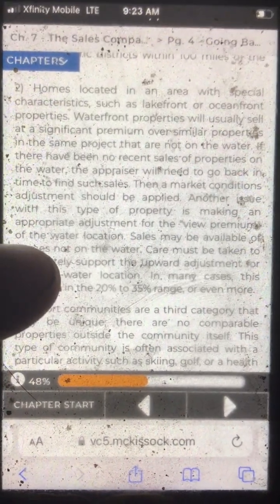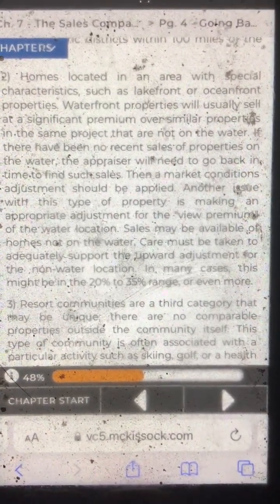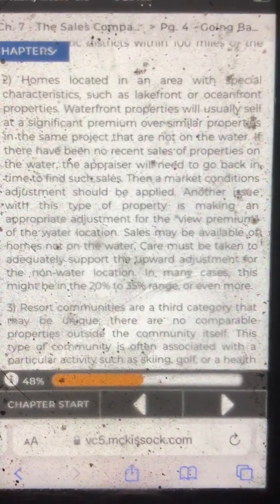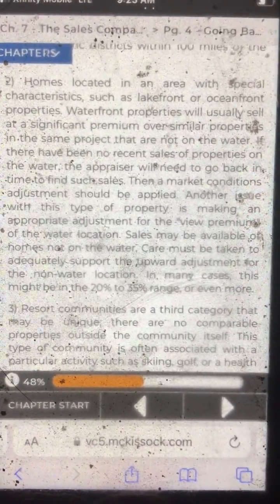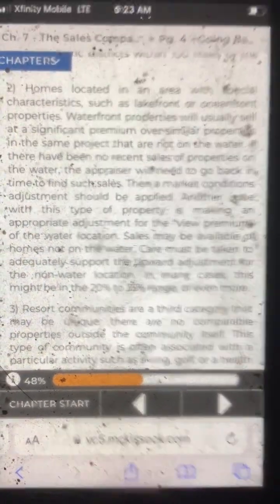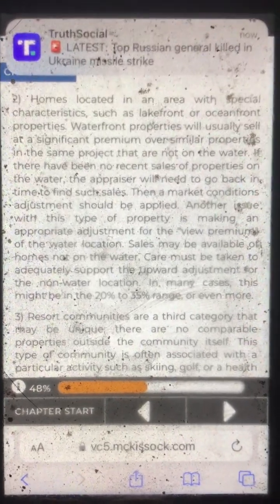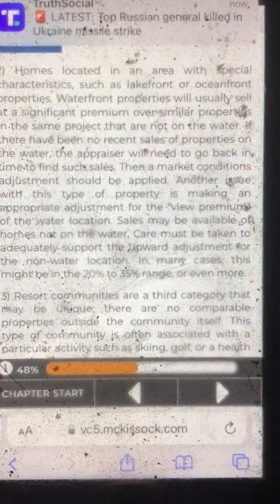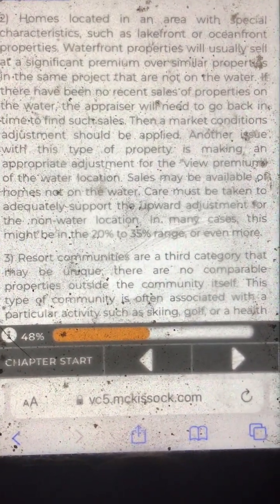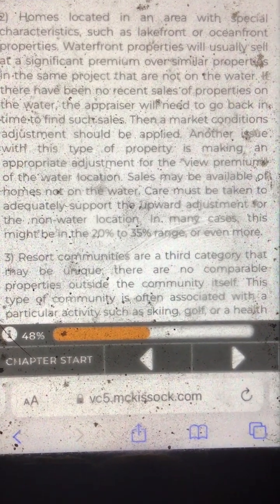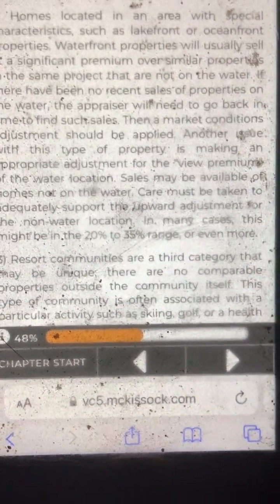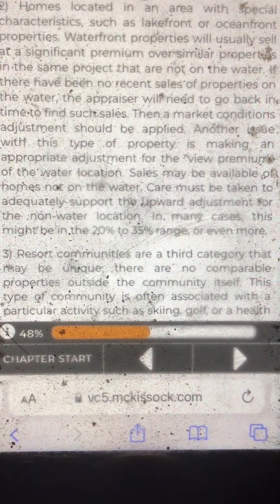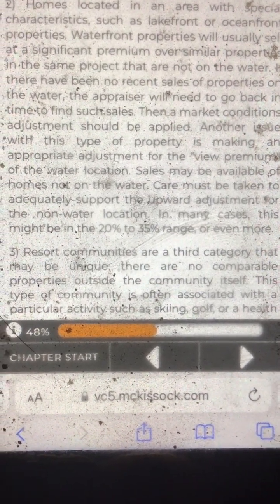If there have been no recent sales of properties on the water, the appraiser will need to go back in time to find such sales. Then a market conditions adjustment should be applied.